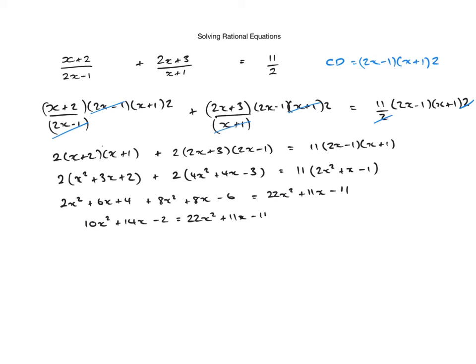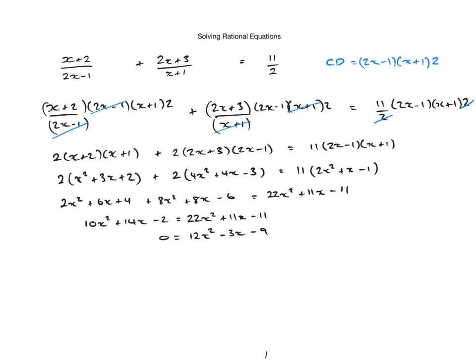Now I'm going to take everything across to the right-hand side because it's bigger there. The 22x squared is bigger than the 10x squared. So if we do that, we get 12x squared. Take the 14x across, we get minus 3x, and we add 2, so we get minus 9, is equal to 0.